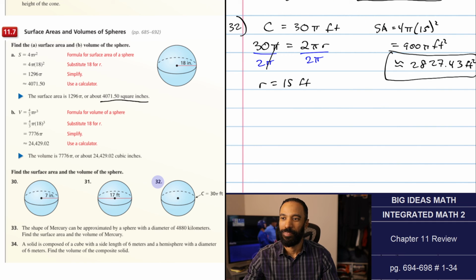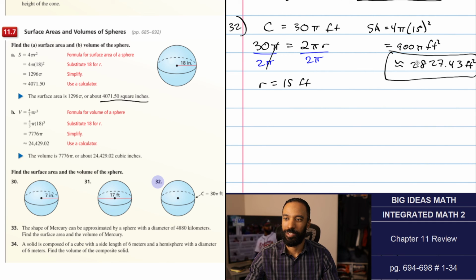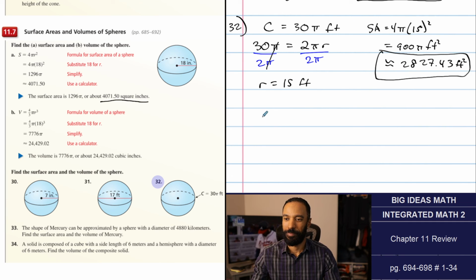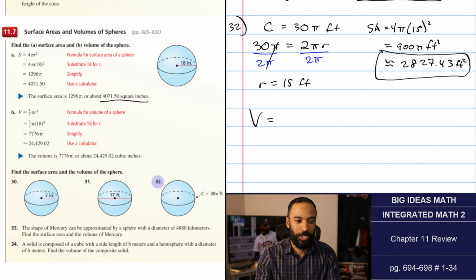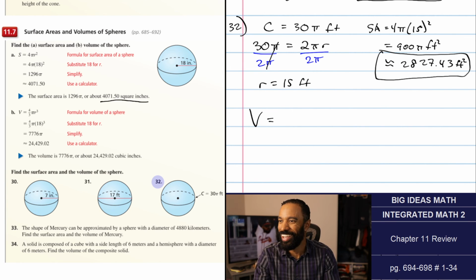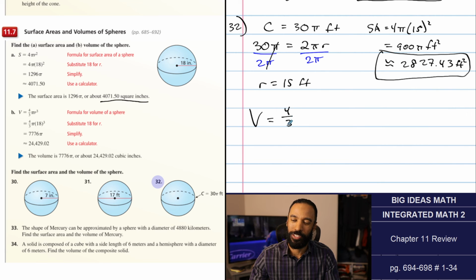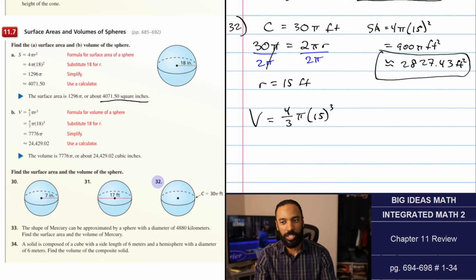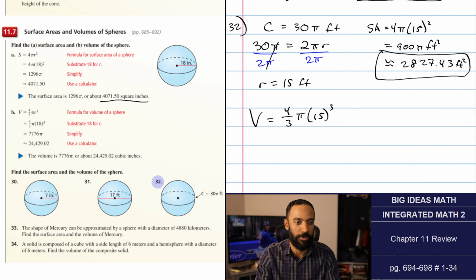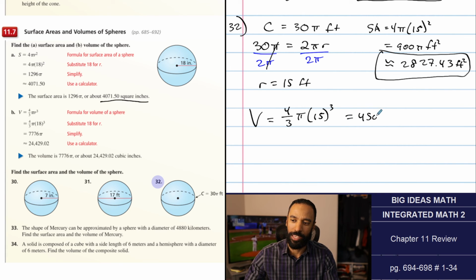All right. Let's move this over a little bit. The volume. At least I haven't seen the answers before. Volume, 4/3 pi times 15 cubed. Listen, this actually has an exact answer because 15 is divisible by 3. 15 cubed divided by 3 and then times 4 is 4,500. So 4,500 pi is an exact answer.